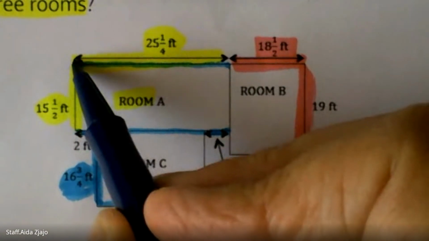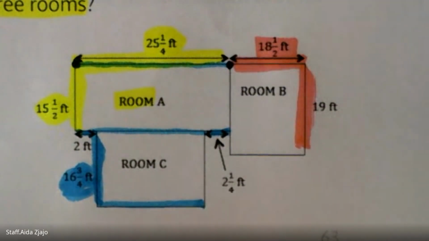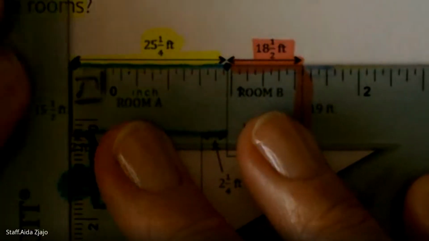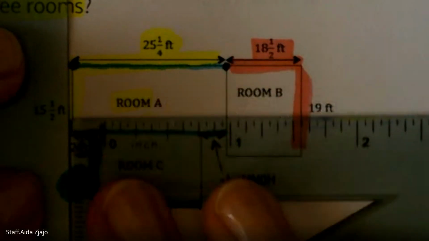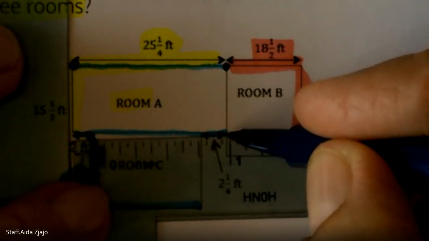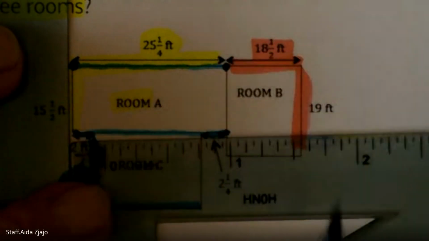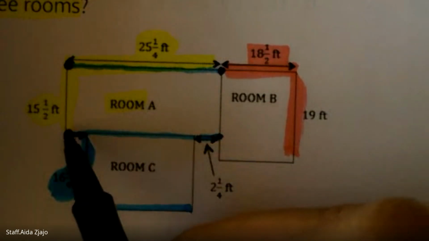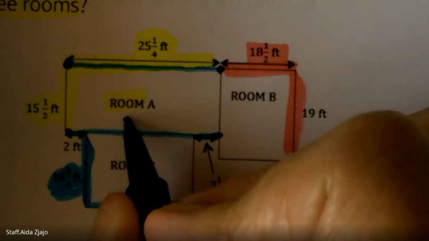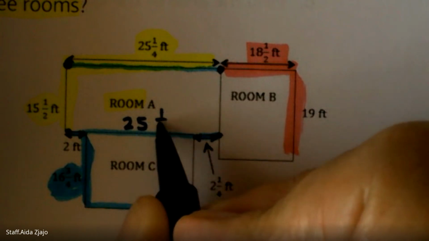From this point right here to here, if I slide my ruler down, hold on, it's going to be exactly as this point right here to this point. And so we know then that from here to here is 25 1/4.